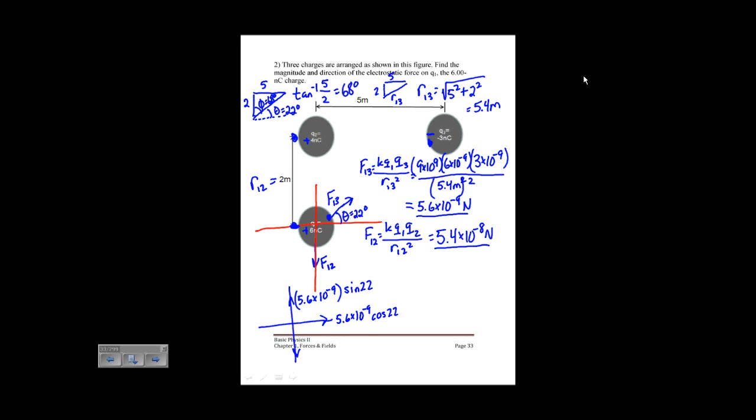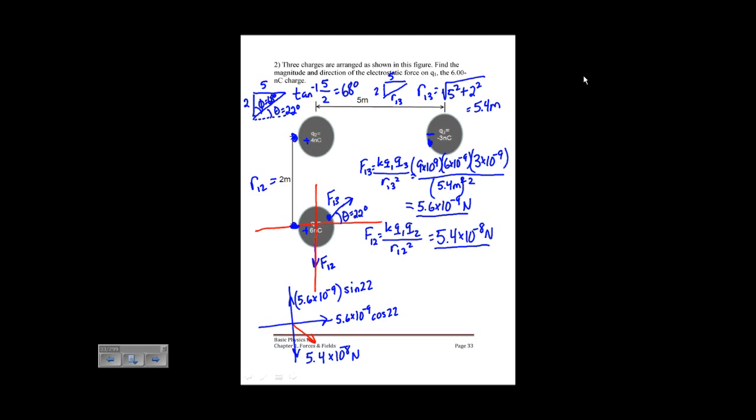And then this is 5.4 times 10 to the minus 8. Now, I can tell already that my resultant vector is going to be right here. I can tell that because in the y direction, the negative y vector is a lot bigger than the positive y vector. So it's going to dominate, and it's going to drive that final force vector that I'm looking for, the red line here, into the fourth quadrant.